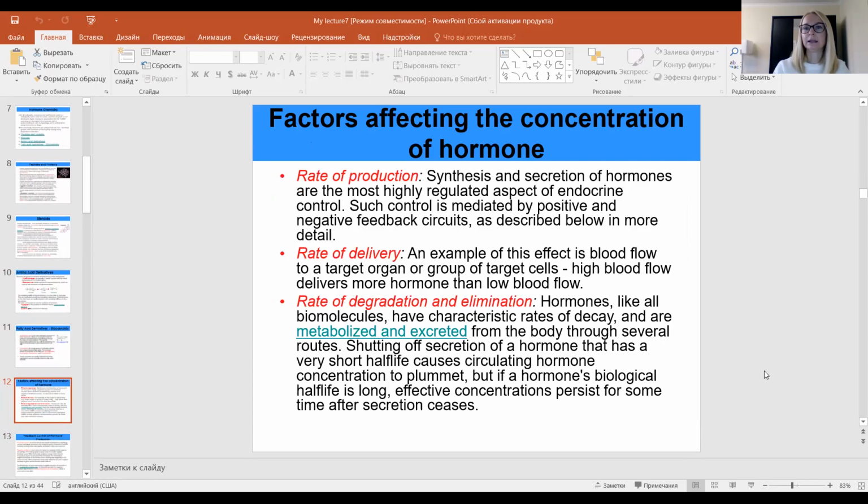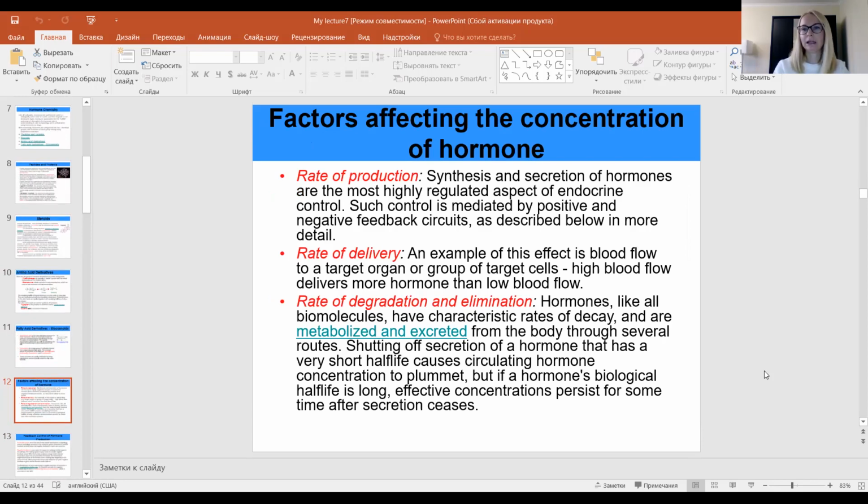What are the factors that can change the level of secretion or concentration of hormones? The first one is rate of production. Synthesis and secretion of hormones are the most highly regulated aspects of endocrine control.